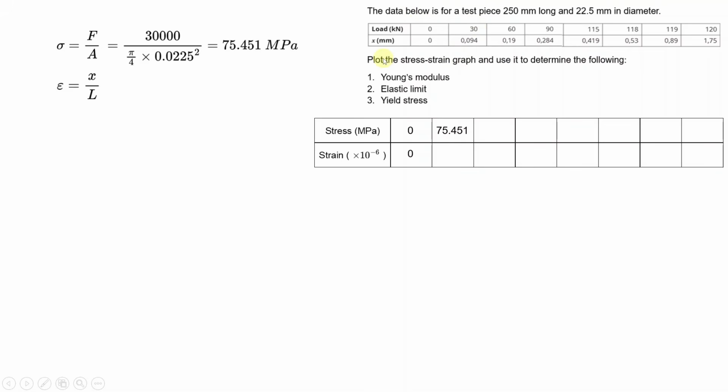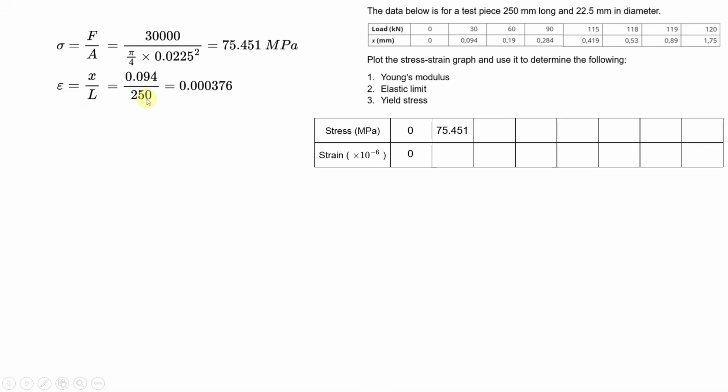Now, what is the strain that corresponds to this elongation? The strain will be equal to 0.094. Here the elongation is in millimeters. I kept it in millimeters, but I used the length in millimeters also.